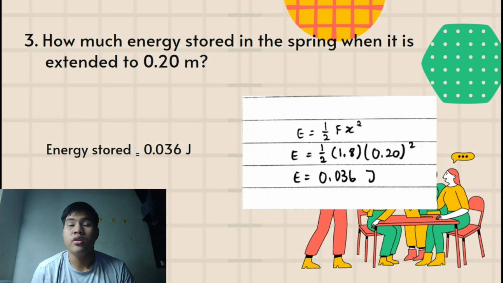To find the energy, we use the formula E equals half times F times x squared, which is half times 1.8 times 0.2 squared. And the answer is E equals 0.036 joules.